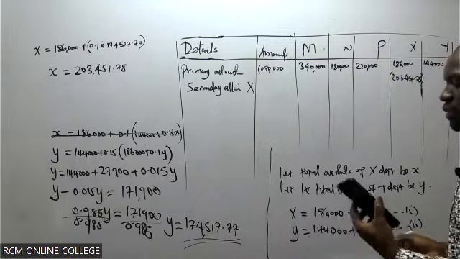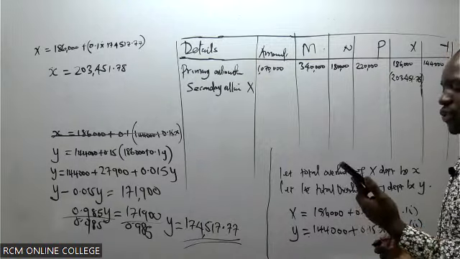If X is giving out its total cost, what percentage is it giving to M? 20%.